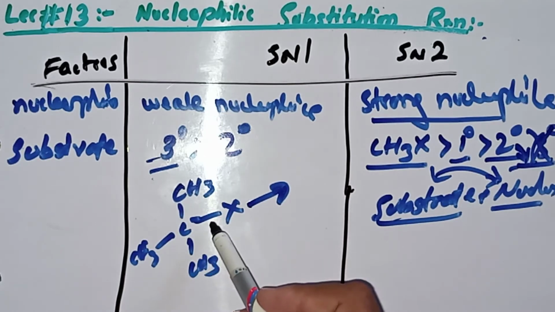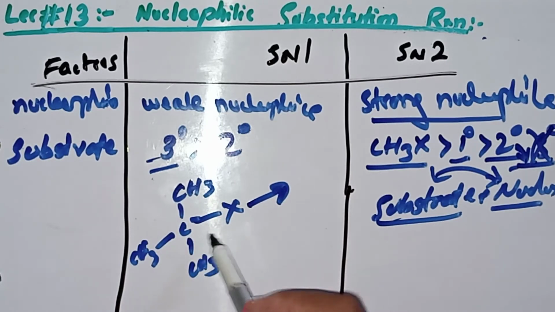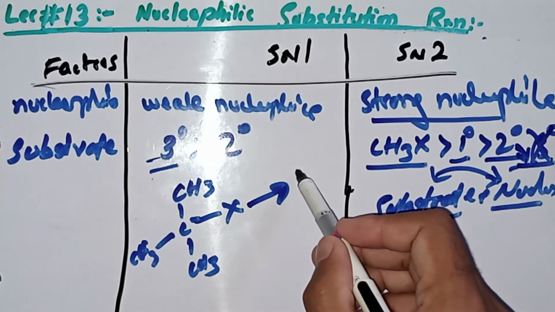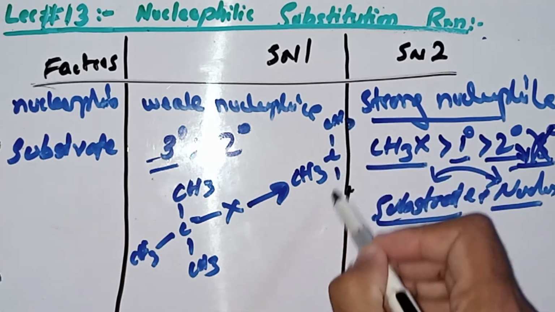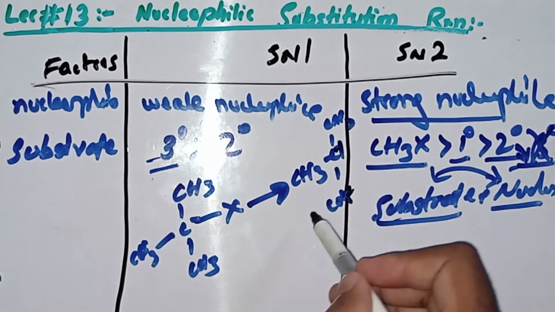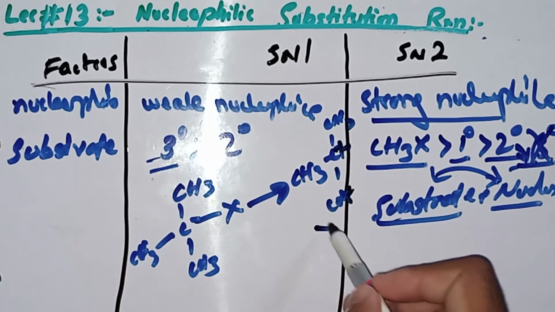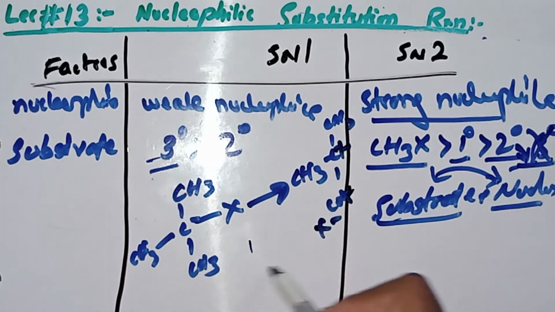When the bond becomes more polarized, it ionizes easily, giving a carbocation and X anion in the first step, which is the rate determining step.